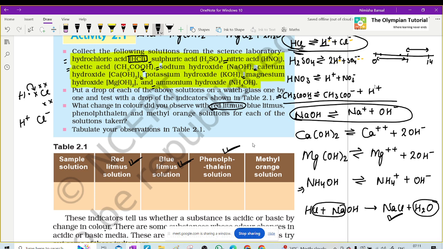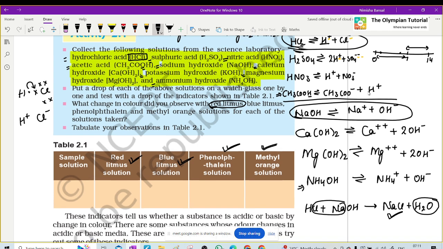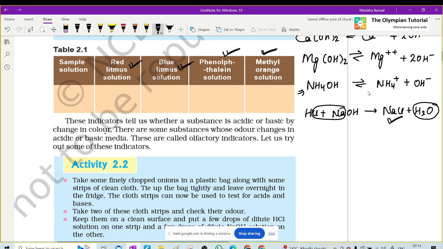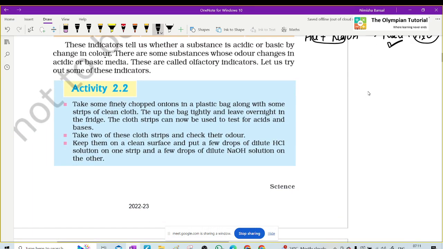For bases, it'll turn pink. And for methyl orange, the acid color will remain red, and for bases it'll turn yellow. Very good, Tanya. So you got all the things which we have done till now. Yes, ma'am. Now next one.